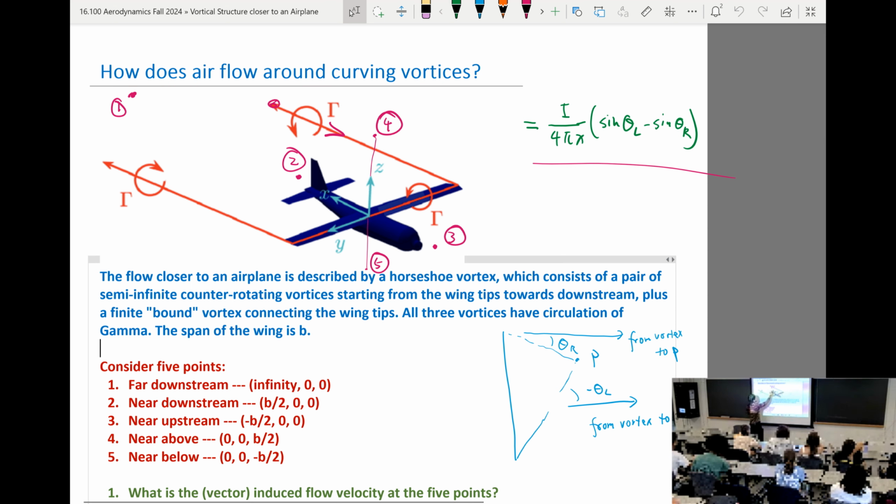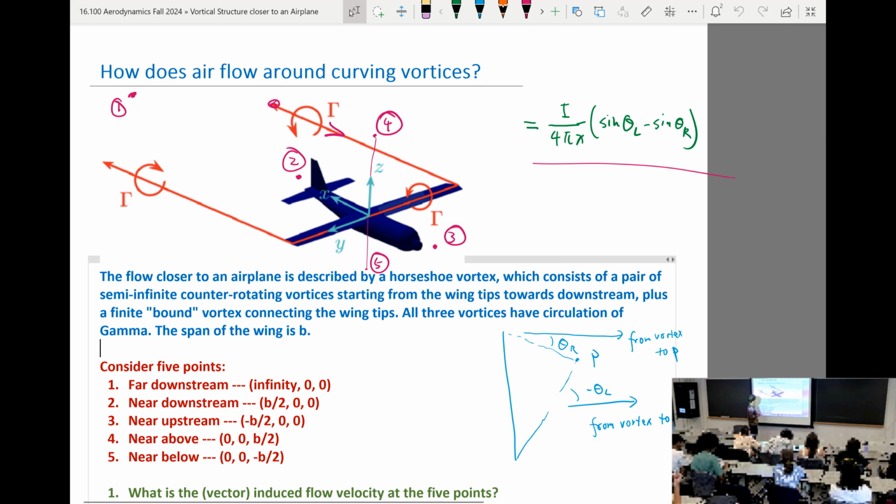Let me see, what is the direction? The gamma on the right side should be pointing this way, right? If you think about the flow going down in between these two vortices, the gamma should go that way.